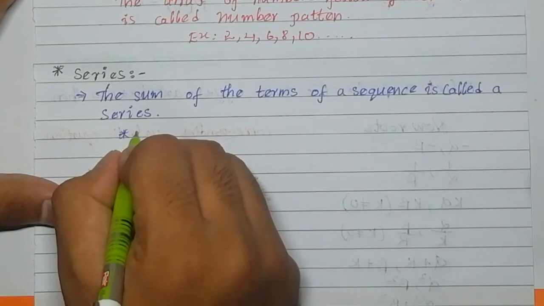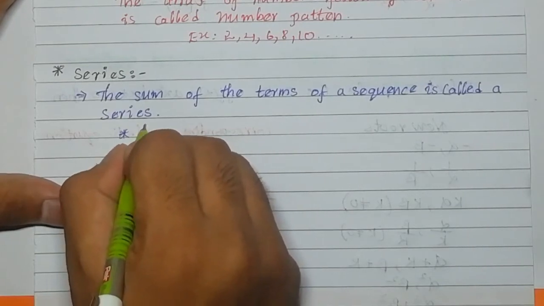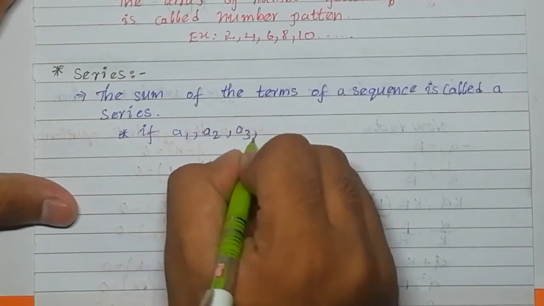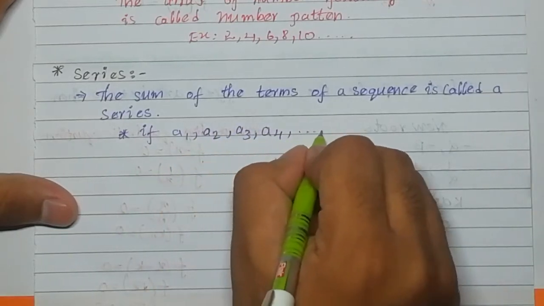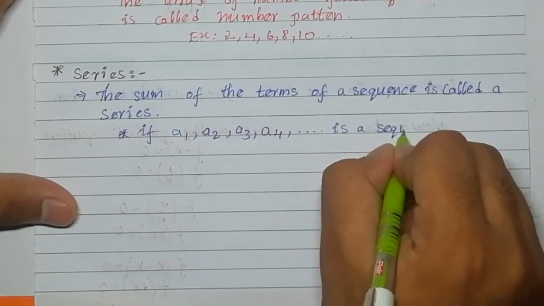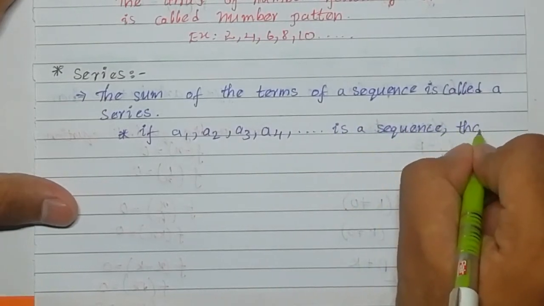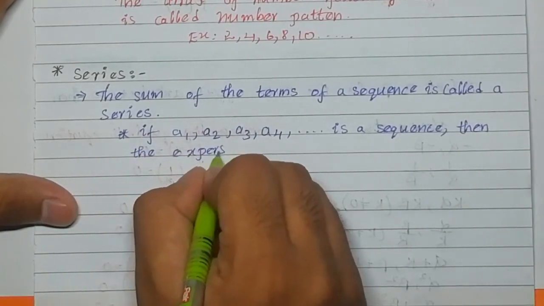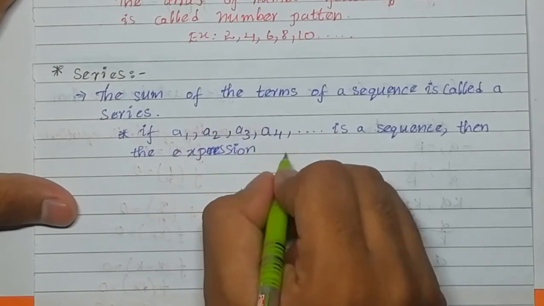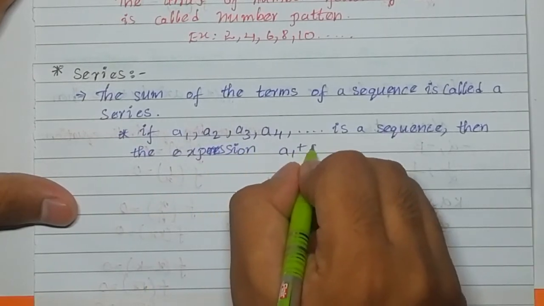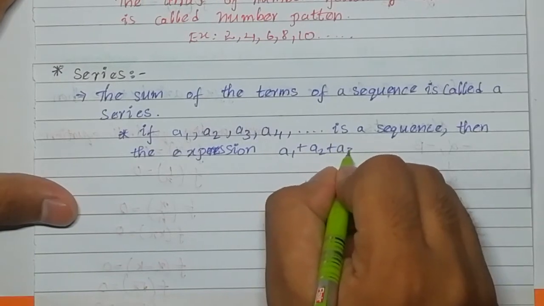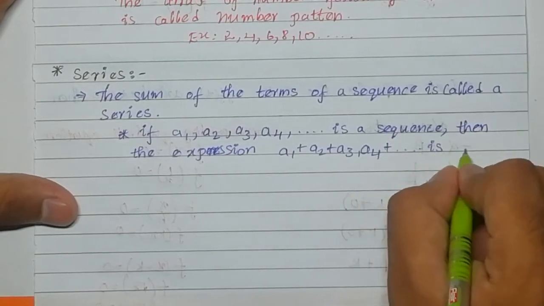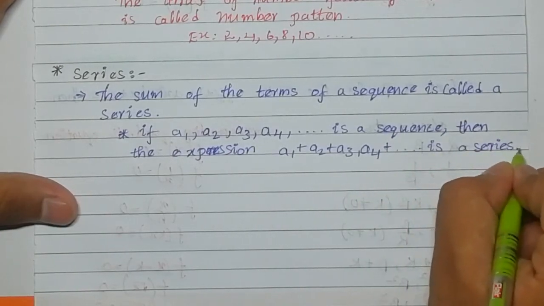Let us see. If A1, A2, A3, A4 is a sequence, then the expression A1 plus A2 plus A3 plus A4 is known as series.